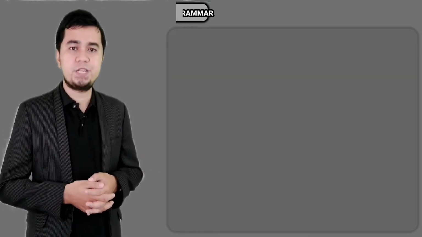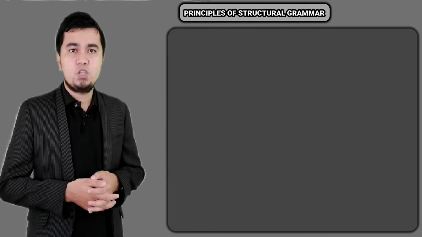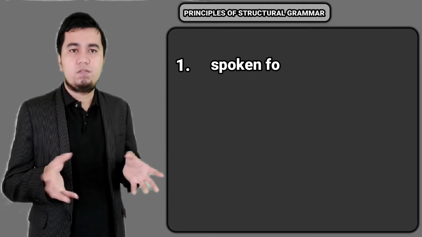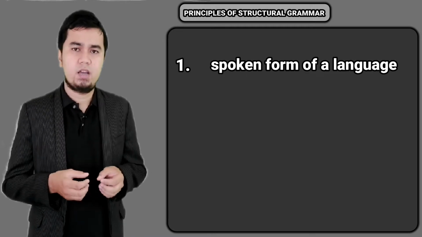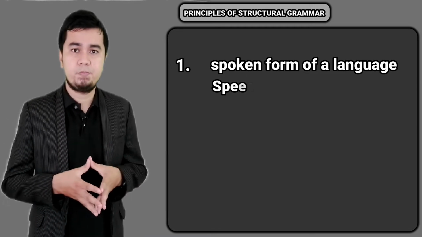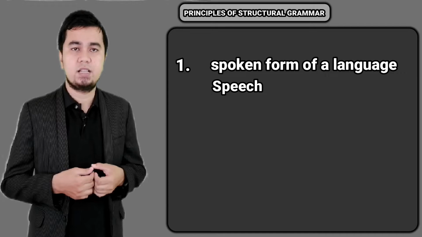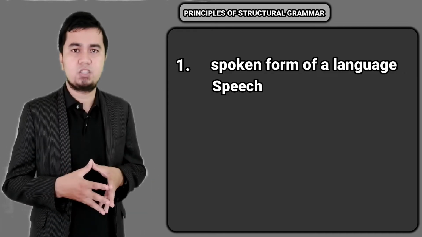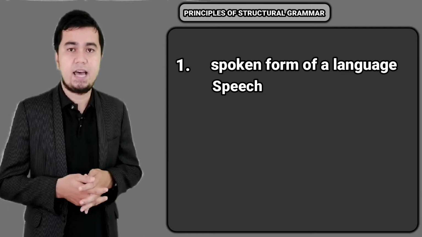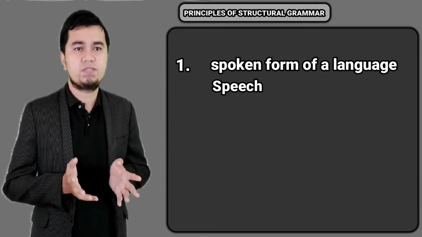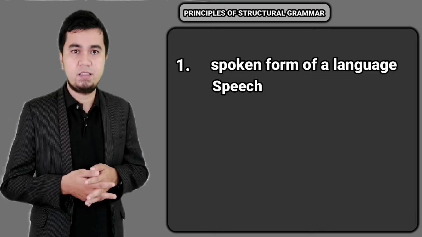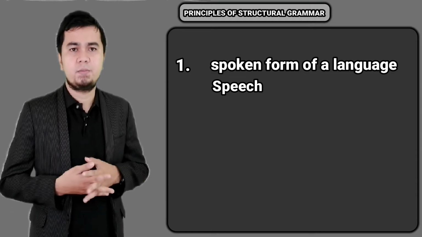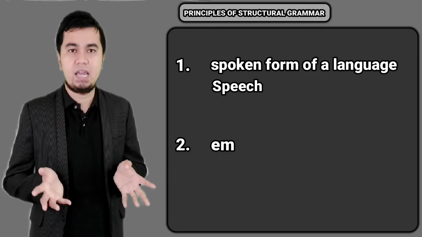We also have the principles of structural grammar. The first is that it gives priority to the forms of language. Speech is primary and writing is an essential means of representing speech. The priority of speech over writing recognizes that speech is older and more widespread than writing. Number two, it is empirical.